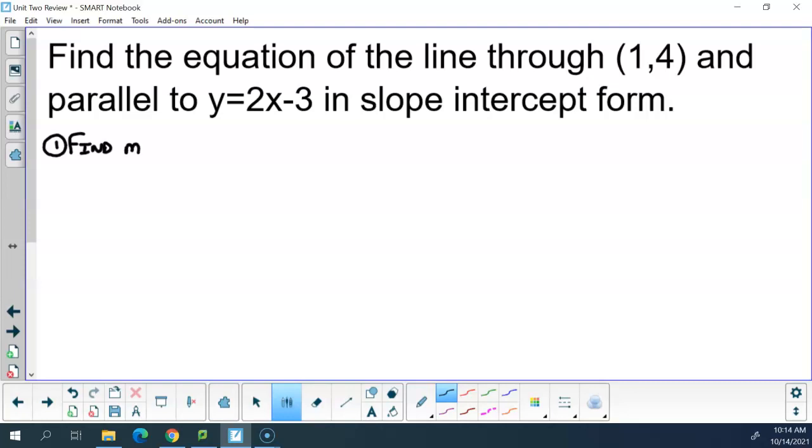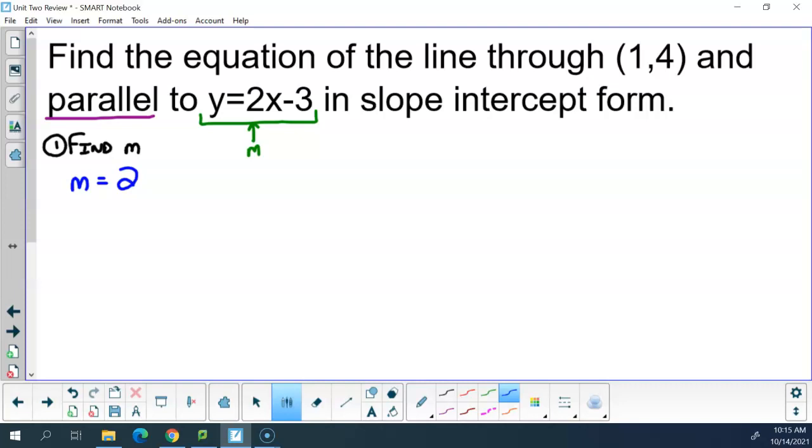We were given a secondary line, this line right here. What is the slope of that line? 2. Okay, so 2 is the slope of that line. We said we needed to be parallel to that line, so what is the slope of our new line going to be? 2, because parallel slopes are exactly the same. So the slope is 2.